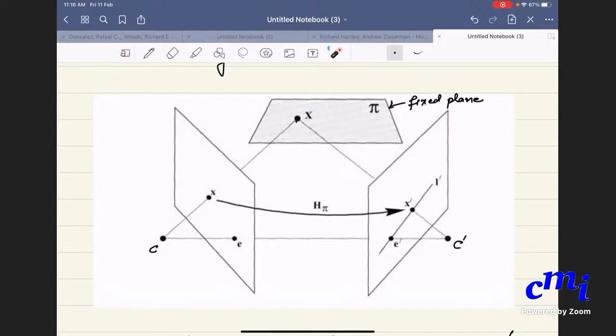If you're taking two images of the same object, that is exactly what this will be. This construction that we did is called transfer. Since this transfer was done with respect to a fixed plane pi, this homography we will denote by H pi. Definitely if this plane changes, then this homography will change. So that is why the homography is dependent on the pi.